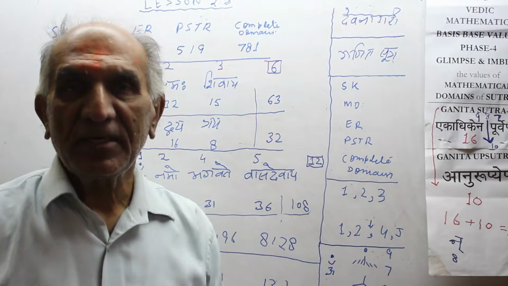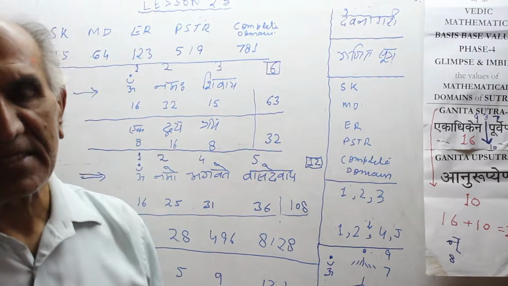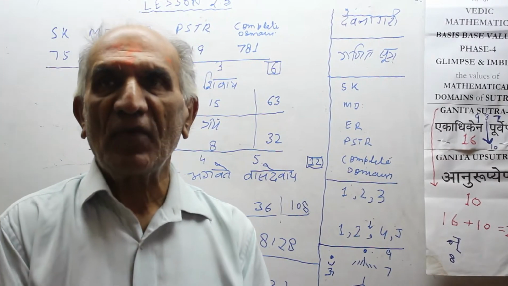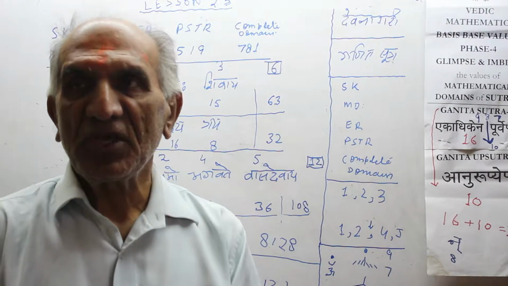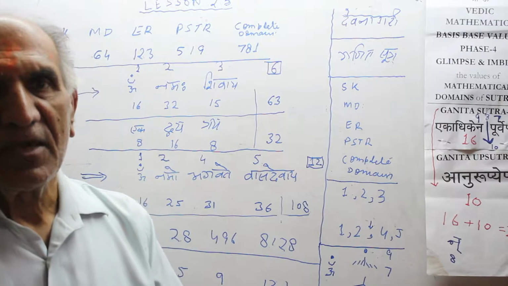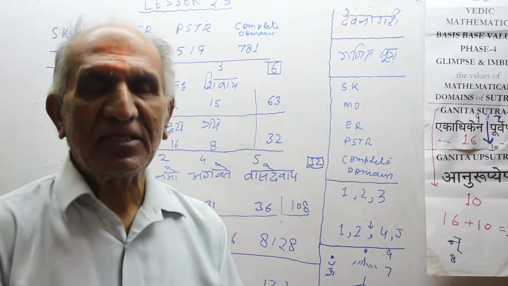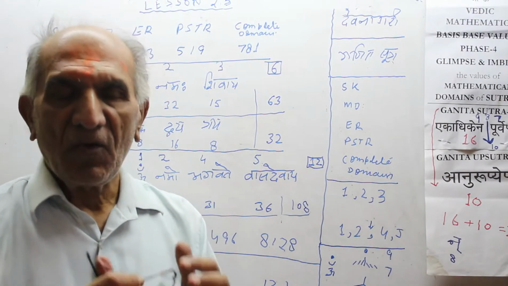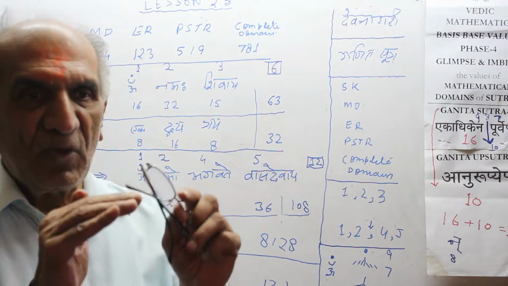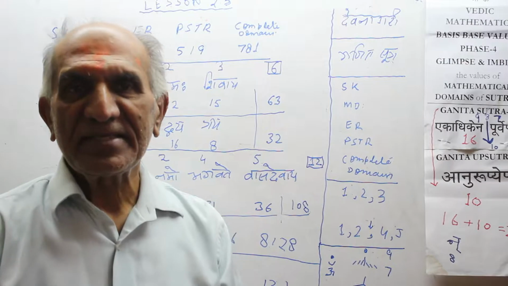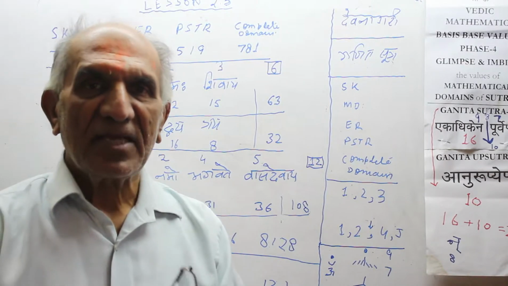In fact, in terms of these 25 lessons, we have worked out the foundation of Vedic mathematics, the foundation of the basis-based values, the foundation of the Vedic mathematical systems, how the Vedic mathematics is formulating itself, organizing itself, and unfolding itself.